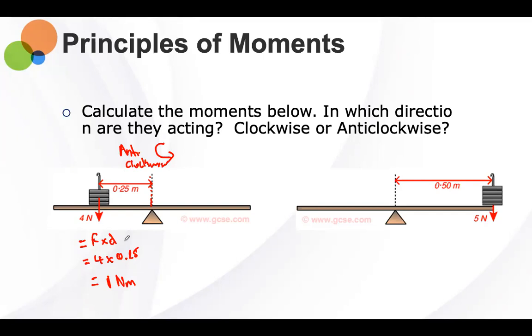Are we clear now, Mrs. Tomlinson? A little bit. All right, don't worry. We can do one more. Right over here, Ms. Tomlinson, you can do this one. What is our formula again? Force times distance.